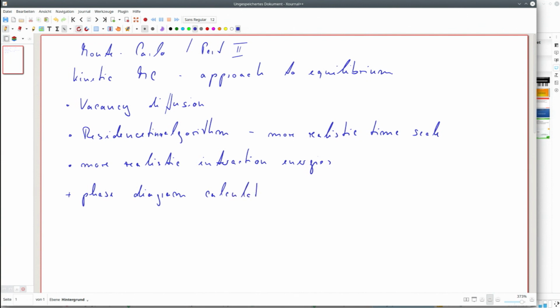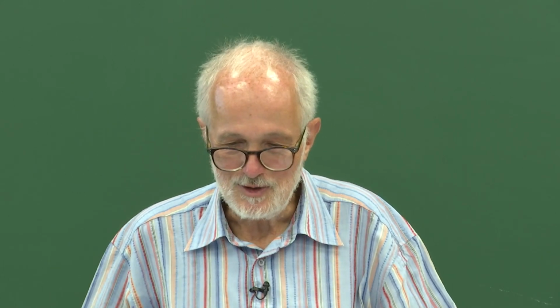That's very important, because if you study, for example, a precipitation process or an ordering process as well, you have to know where, for the choice of potential parameters, you are in the phase diagram. This phase diagram is not necessarily a realistic phase diagram. This depends a bit on the choice of potential. But to be consistent, you have to know which concentration corresponds to which supersaturation or so.